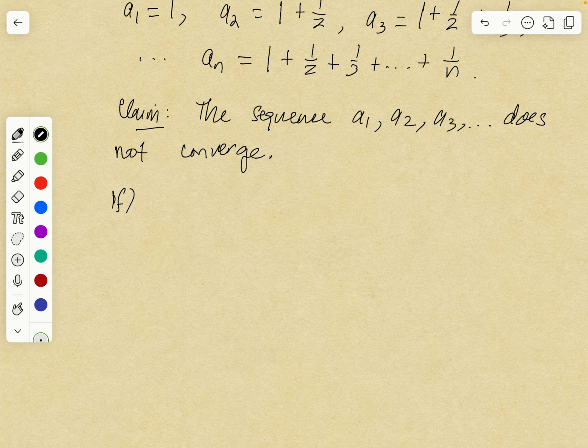And you want it to be some positive constant that doesn't depend on n. And then the idea is to pick epsilon to be less than that constant. So here's an example to illustrate that. First, let n be any positive integer.